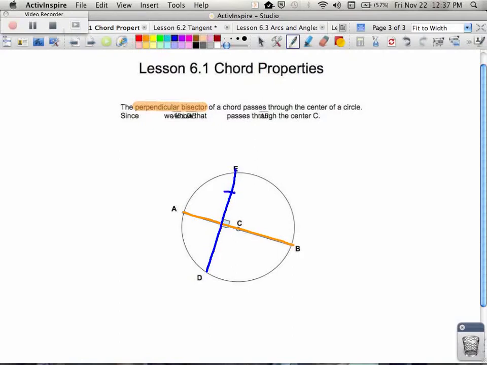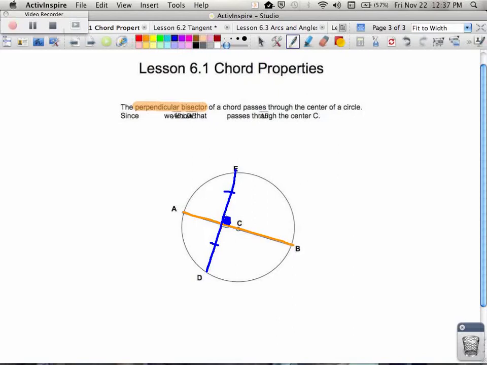meaning that from C to E and C to D are the same size, and that we have a right angle. So AB is the perpendicular bisector because from my markings I know there's a right angle at the intersection, and also that the two pieces created by that orange AB chord going through the blue DE chord create two equal pieces, CE and CD.